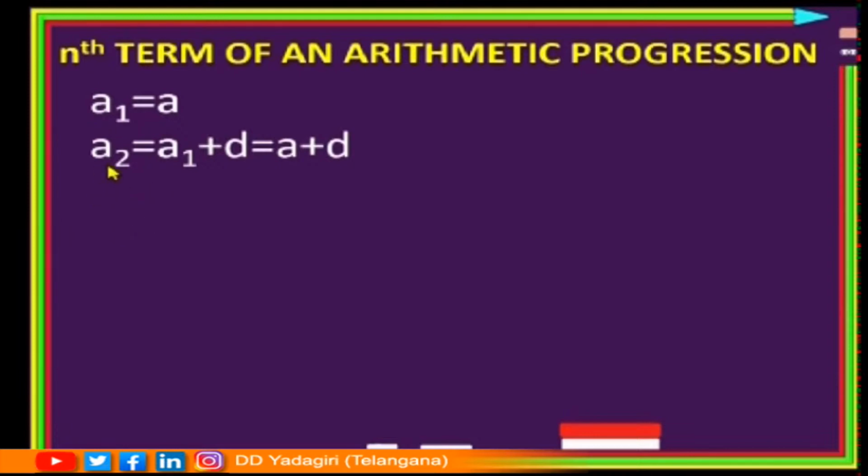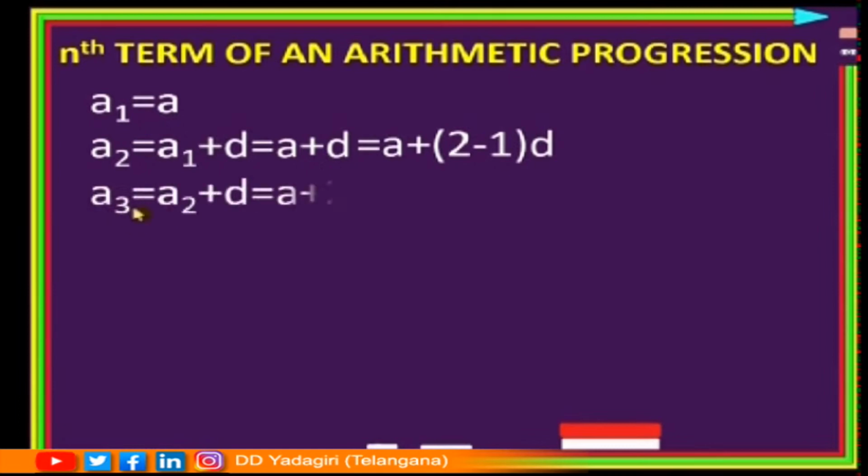This is the second term, which is denoted with A2, adding D to the first term, that is A1 plus D. A2 is nothing but A plus D. So here we have 2, and the coefficient of D is 1. So that can be written as A plus 2 minus 1 into D. Why? Because it was reduced by 1 unit.